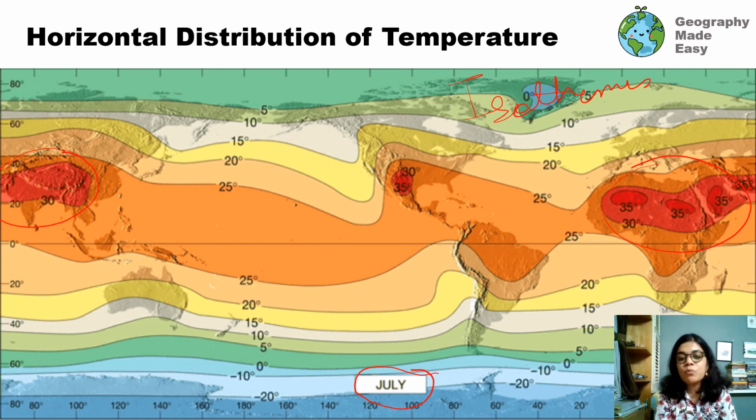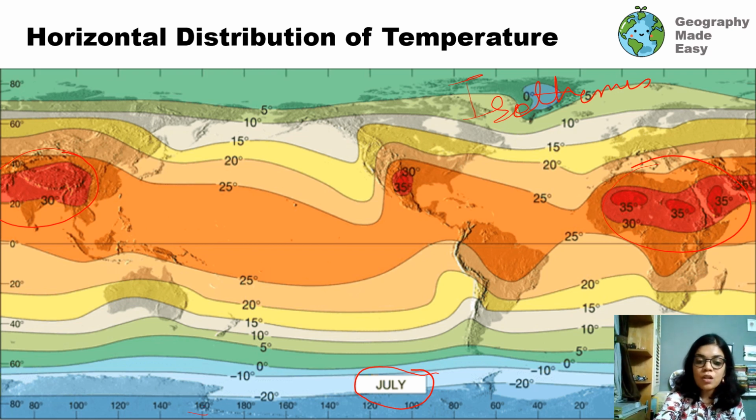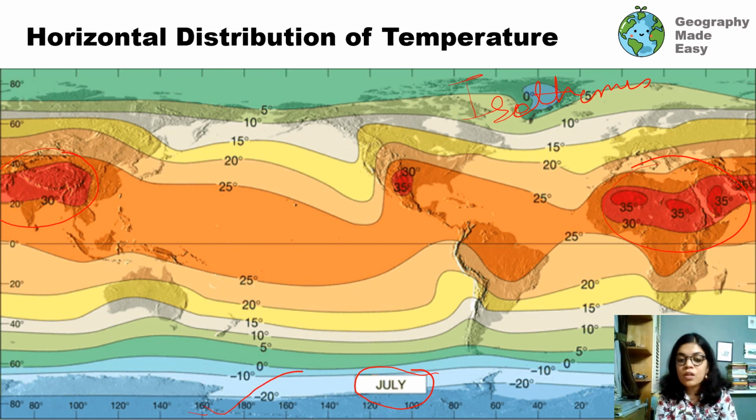And as we move towards the poles, we see that temperature falls, and in the South Pole near Antarctica, the temperature falls down more compared to the northern hemisphere. This happens because the landmass in the southern hemisphere is less and the ocean surfaces are more compared to the northern hemisphere.